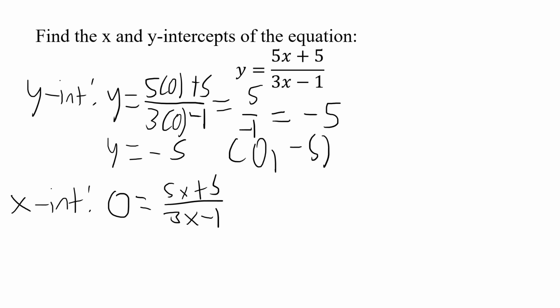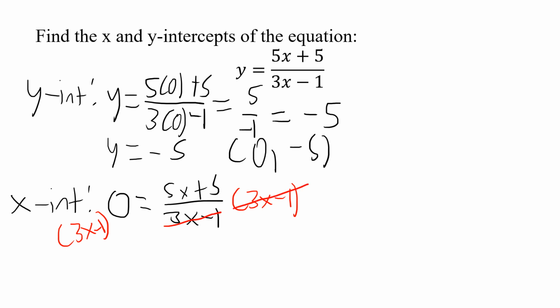What I'm saying with this fraction is 5x plus 5 divided by 3x minus 1. So I'm going to do the opposite. Instead of divided by, I'm going to do times the bottom on both sides. The reason I do that is I want to get rid of the bottom. I don't want to deal with the bottom.